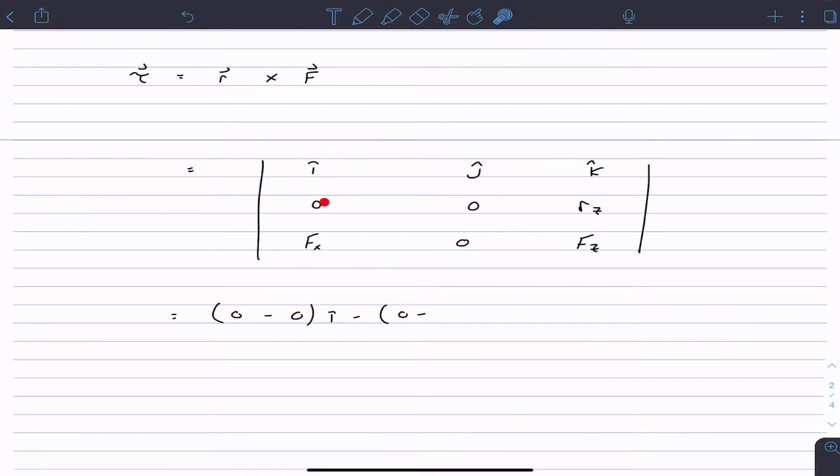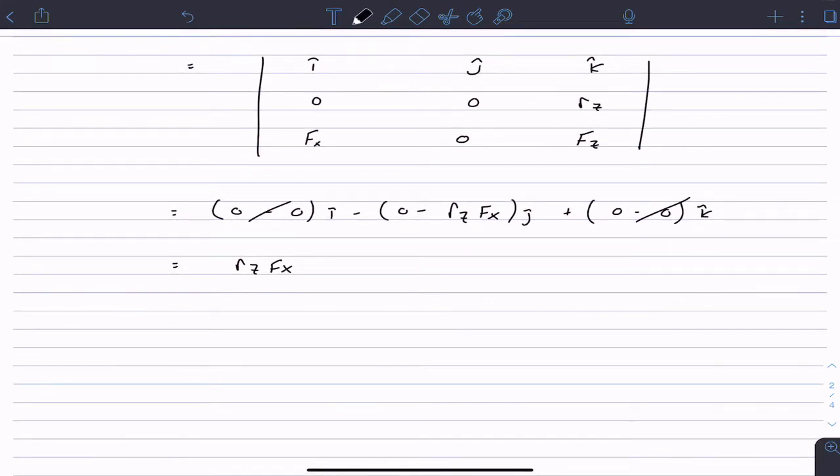Now we're on J. 0 minus this value, RZ F sub x, the x component. Now, what is in the k direction? 0 minus 0 K hat. Okay, so those go away. We're left with the negative of this negative value here. So we have RZ times F, the x component of F.